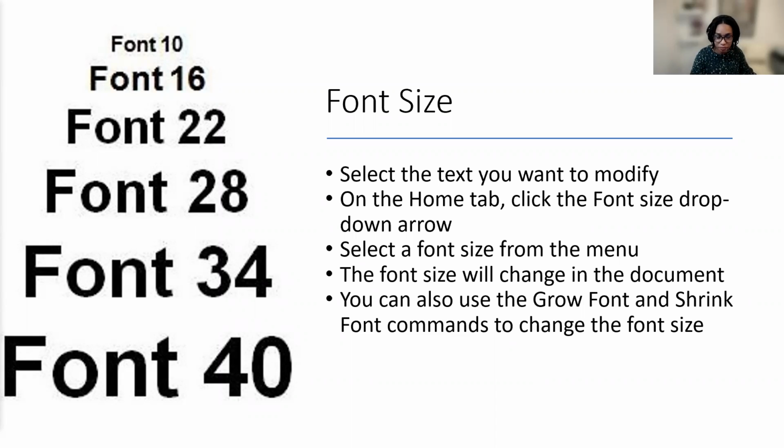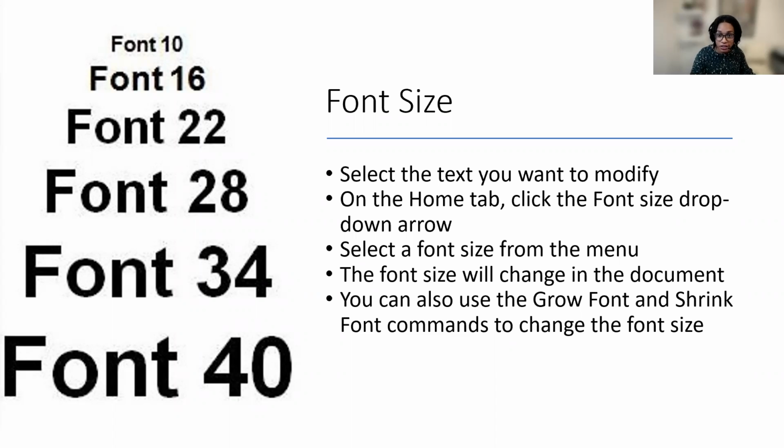So the letters. The smaller the font number, the smaller the size of the text will be. The larger the font number, the larger the size of the text will be. So if this is a font 40, this is a font 10, and that's pretty much how it goes.